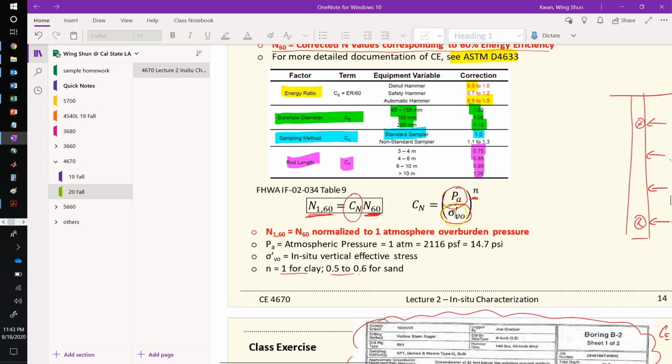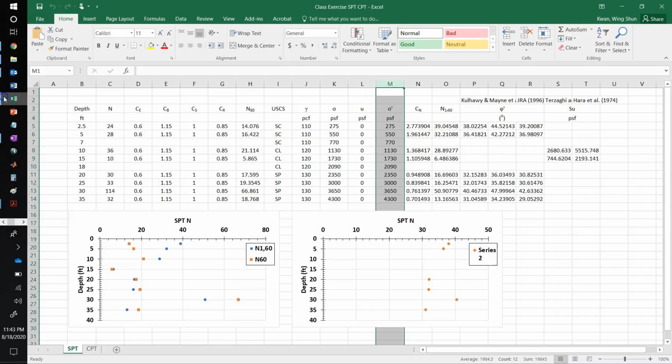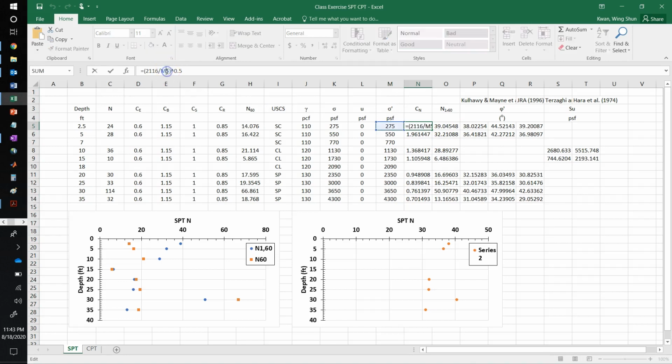So a constant divided by the vertical effective stress, and the n value depends on whether it's clay or sand. I am a little bit on the conservative side, so I use 0.5 for the sand and 1 for the clay. So from there I can calculate C sub N. For sand I will use 0.5, and if this is clay, actually I should use 1 right there.